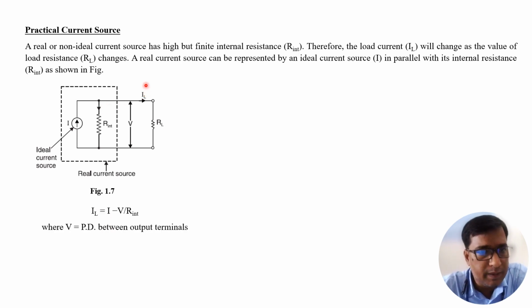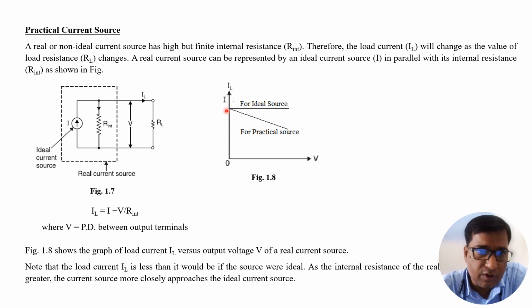The IL that should be constant for an ideal current source will keep on changing its value depending upon the load connected across its terminals. As the voltage across the load changes, the change in current will be more severe. For an ideal current source, the value of IL will be constant throughout the range of terminal voltage of the load.